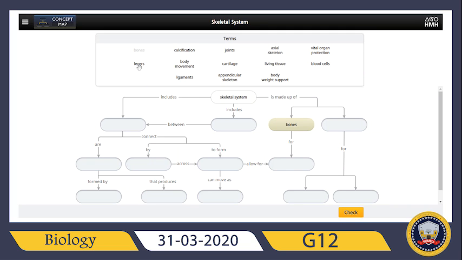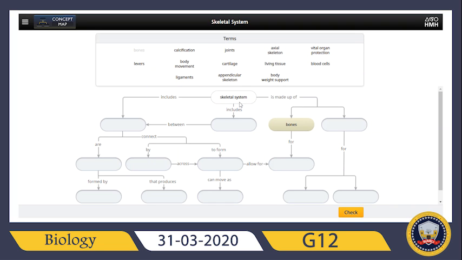Let's think together. Livers, calcification, joints, vital organ protection, blood cells, living tissue, body weight support, appendicular skeleton, ligaments, body movement.